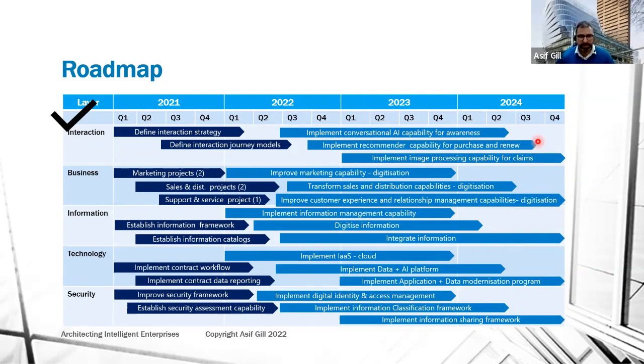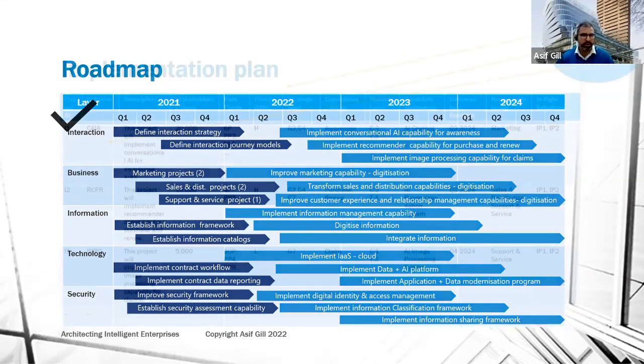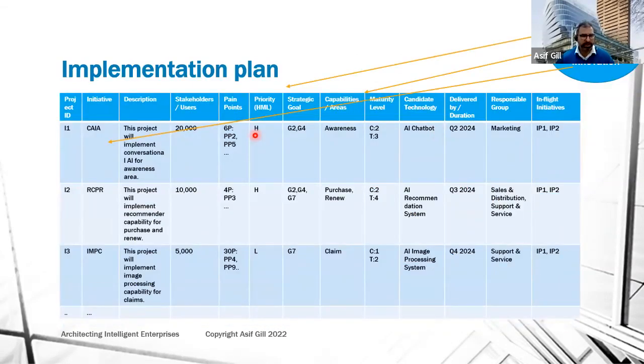I just picked up this piece to share with you how a data-driven approach can be used to do architecture and roadmaps. And when we look at the implementation plan, it brings together everything. It brings together strategy because it links your new initiatives, which you identified from your architecture data analysis, back to your strategic goals and priorities, which I mapped around here.